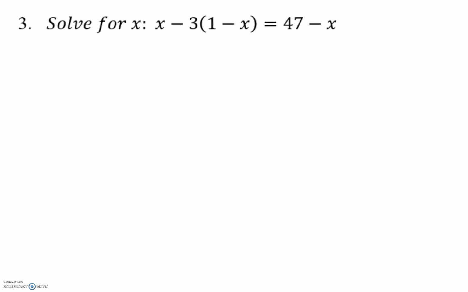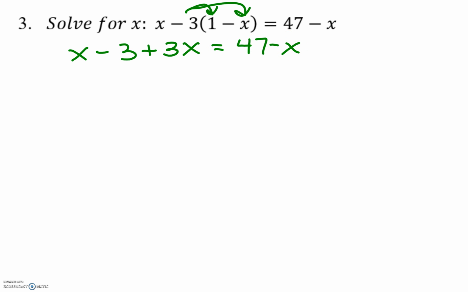And then for 3, solve for x. Negative 3 times 1 minus x equals 47 minus x. So we're going to start by distributing that negative 3 to both terms on the inside. After we distribute, we want to combine like terms.